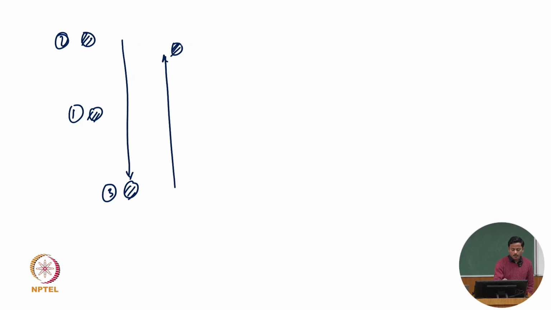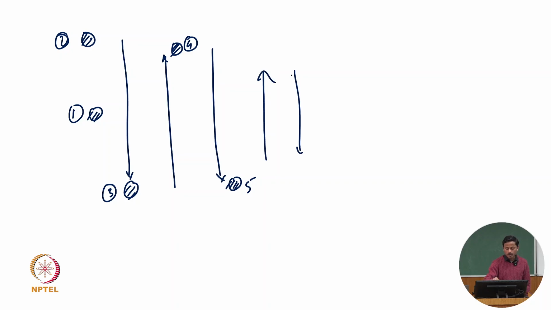So it is going from position 1 to position 2, and it falls down up to position 3, where it finds itself to be lighter, and it goes up again up to position 4, and it again goes down because it finds itself heavier here, back to position 5. So it does an oscillatory motion: goes up, comes down, goes up, comes down. So the solution is an oscillatory motion.